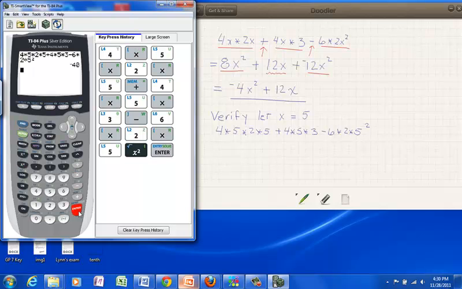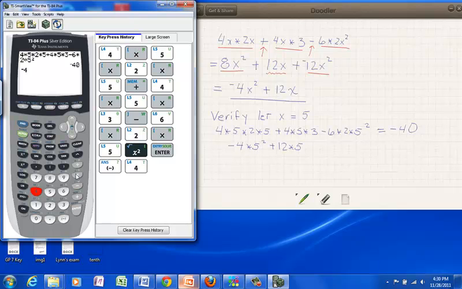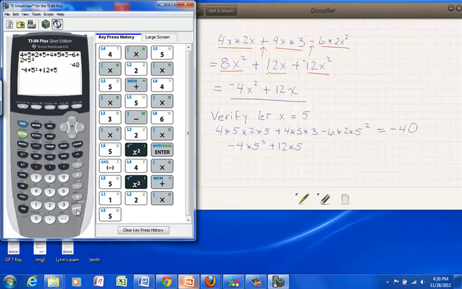I did that correctly. All of that gives me negative 40. And then in the final answer, which is much simplified, the answer is negative 40, so it checks.